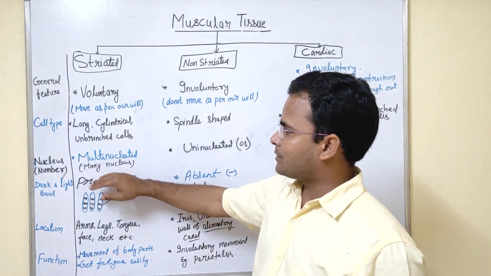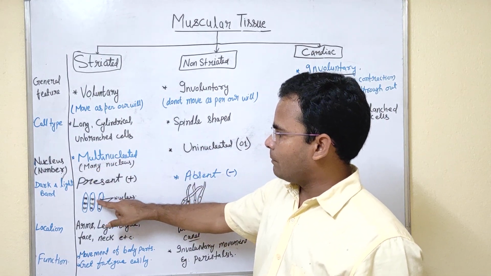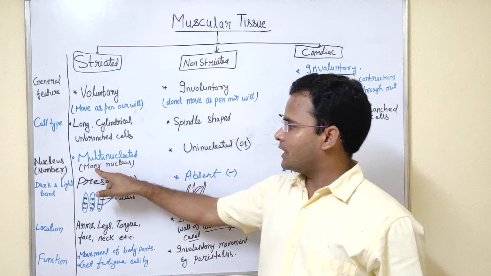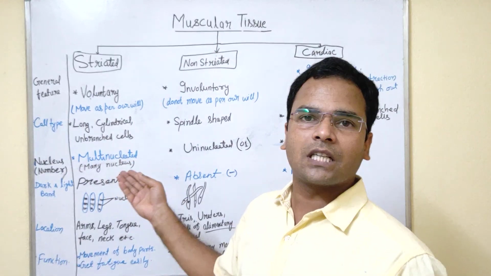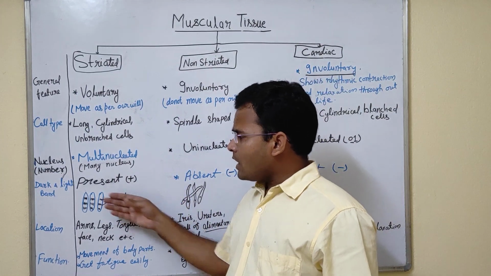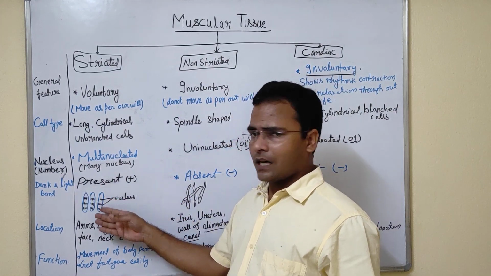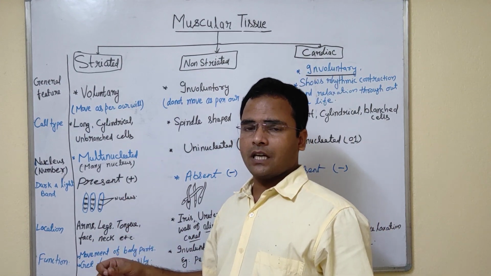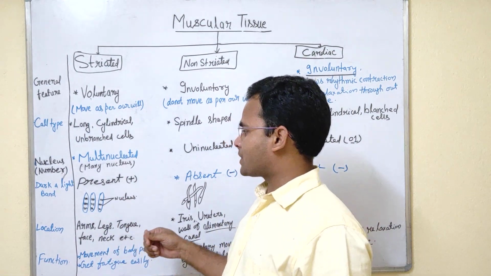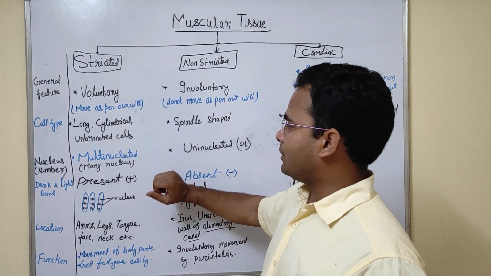At the same time, the nuclei will be more in number. That's why it is called multinucleated. Its cells are multinucleated. And dark and light bands are present because of these multinucleated structures, which give dark and light band type structures.